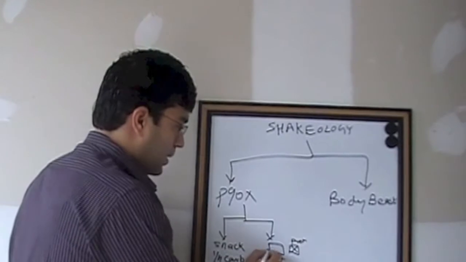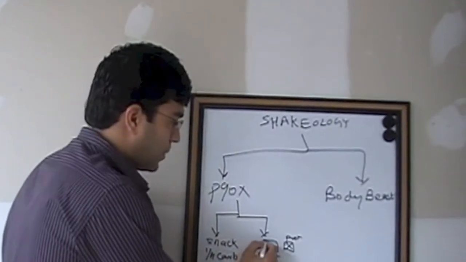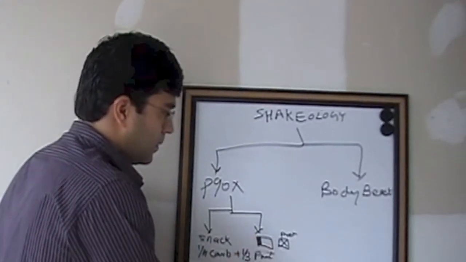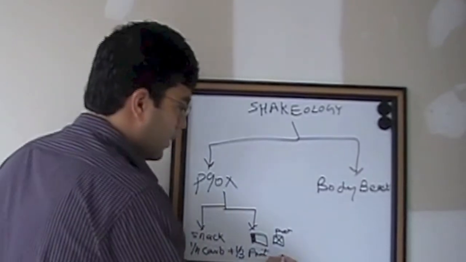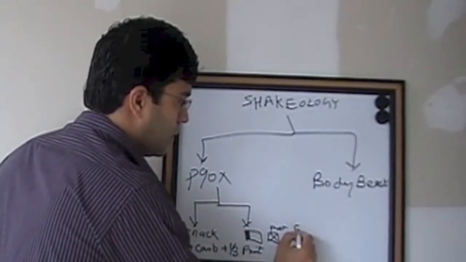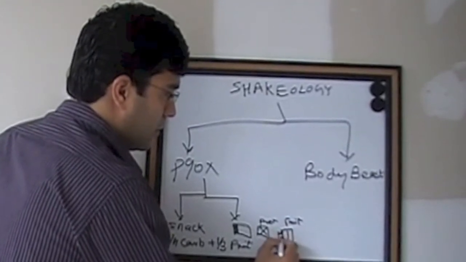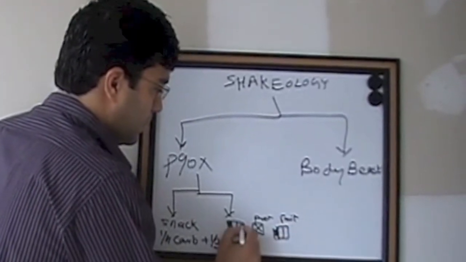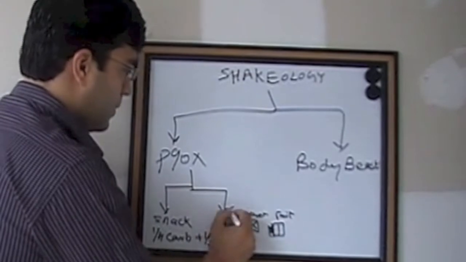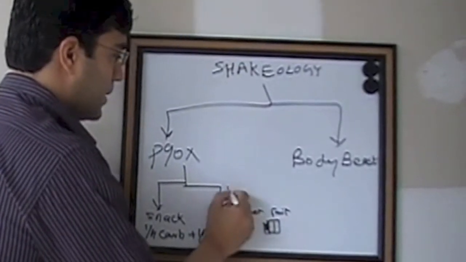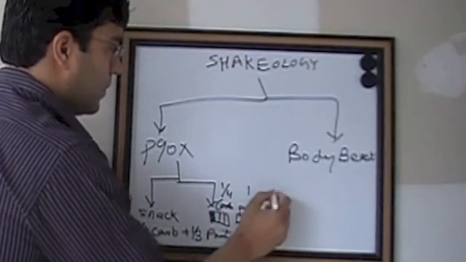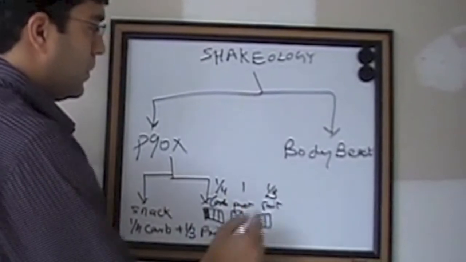If it's a carb block, you check off 1/4 of the block. And if we have a fruit block, one-third of a fruit. So it's 1/4 carb, 1 protein, 1/3 fruit.